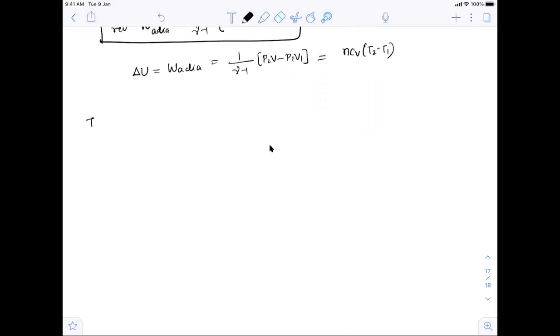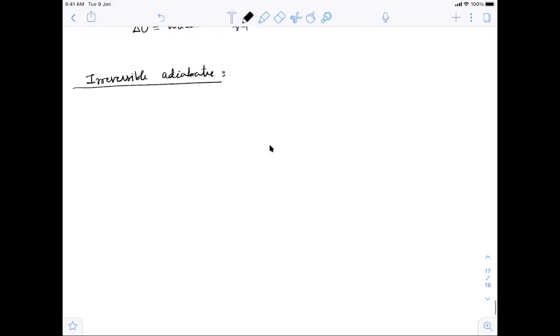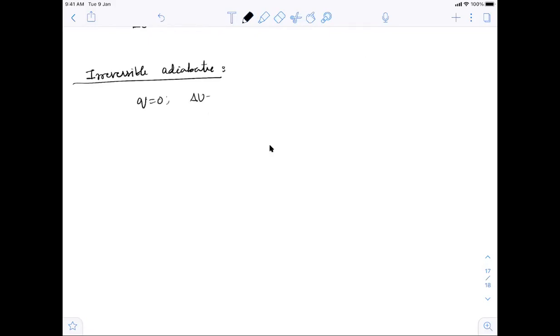Next, let us see irreversible work. So irreversible adiabatic. In case of irreversible adiabatic, Q is anyway 0, delta U will be equal to W, and now W can be defined as minus P external into V2 minus V1. And we know that P external will always be equal to final pressure, P final.